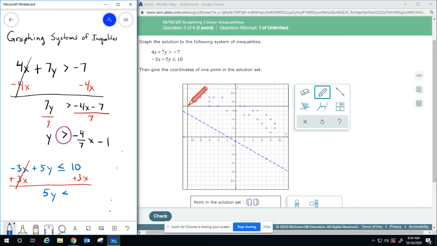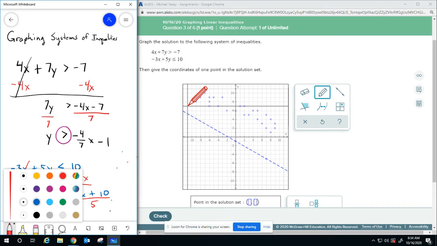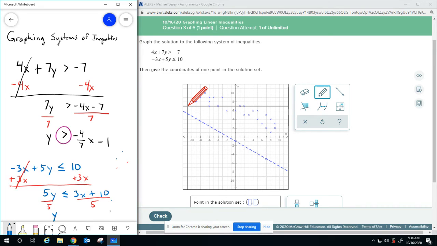That gives me 5y less than or equal to 3x plus 10. Then I will divide by the coefficient, and this is what I have: y is less than or equal to 3/5 x plus 2.